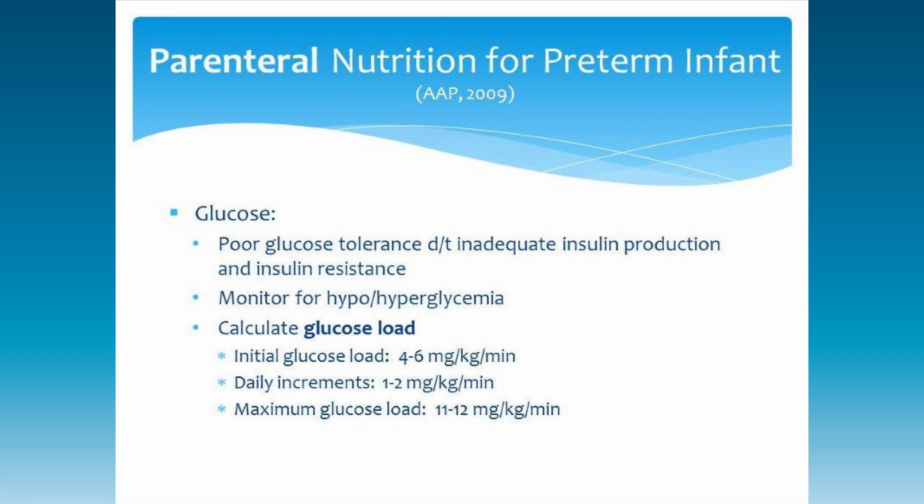And you want to calculate glucose load on this population for sure. Make sure you're not giving them too much, because if they get too much glucose, that can cause dehydration. So your initial glucose load is going to be 4 to 6 milligrams per kilogram per minute. And remember, there's 1,440 minutes per day.